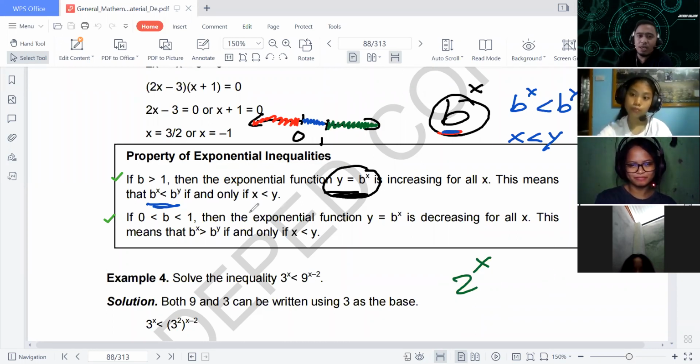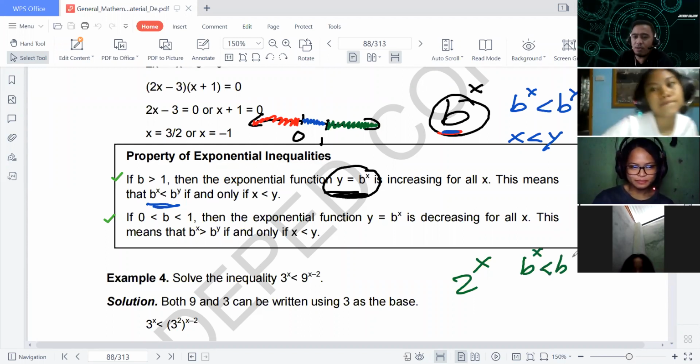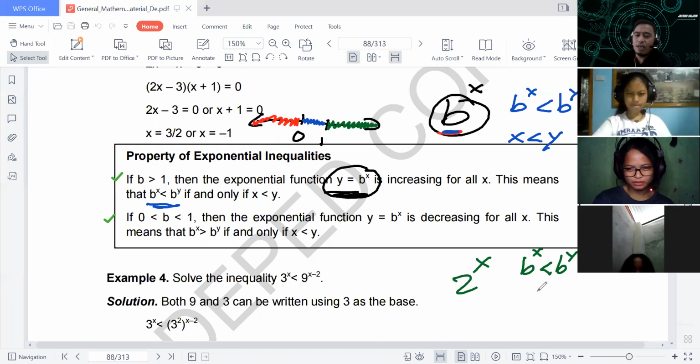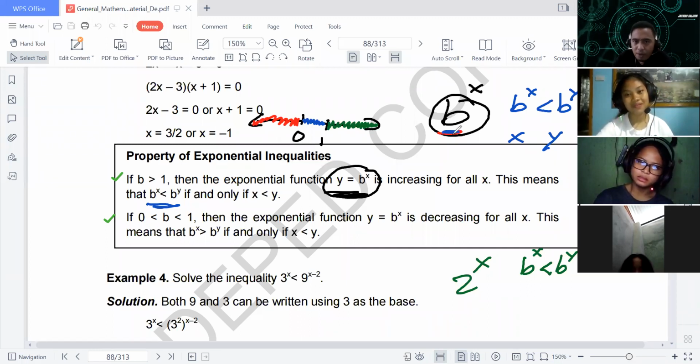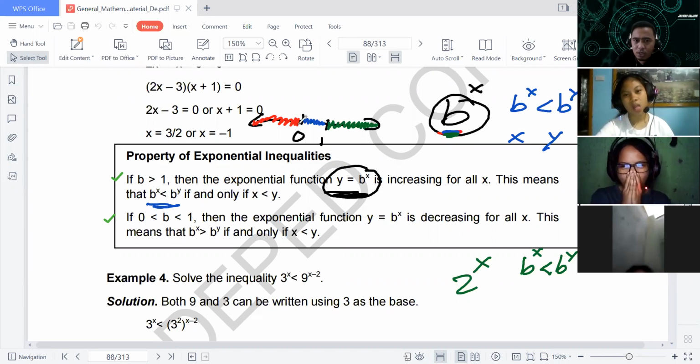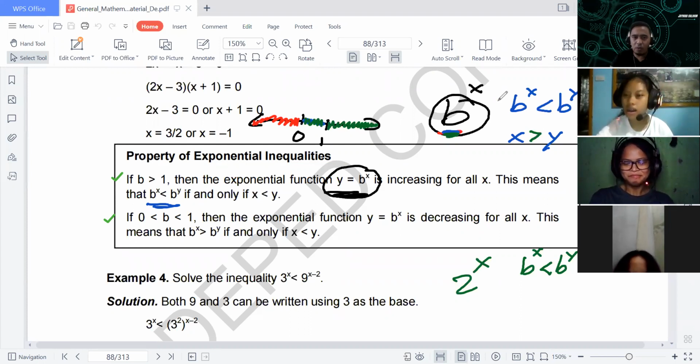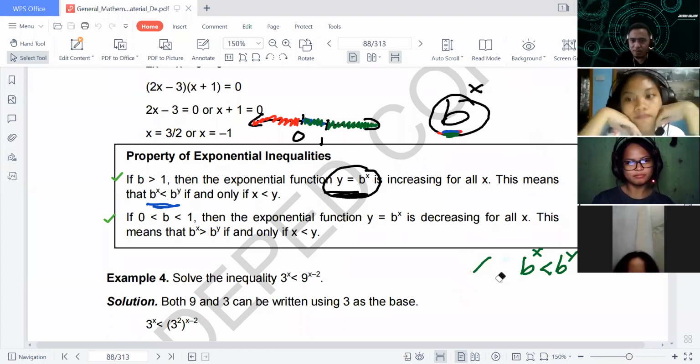In that case, you can still use b to the x less than b to the y. It's either less than or greater than. Then in this case, the inequality is reversed. If your b is in between 0 and 1, the inequality is reversed. I will repeat. I will make it clear so you can understand. I will repeat it. That was wrong. I will fix it.